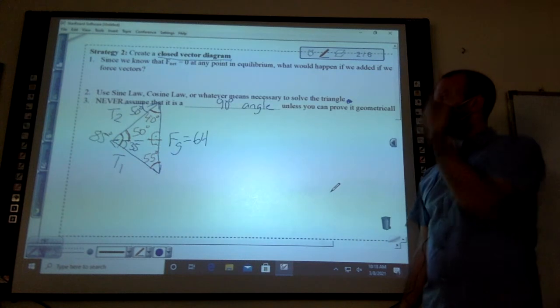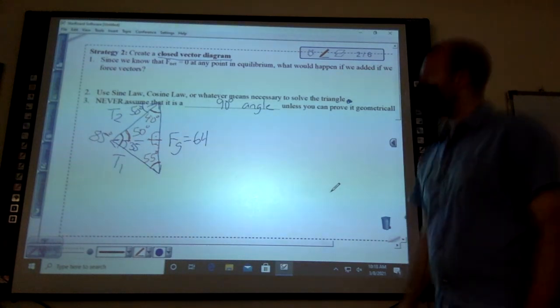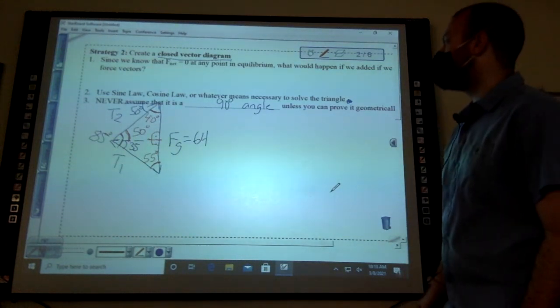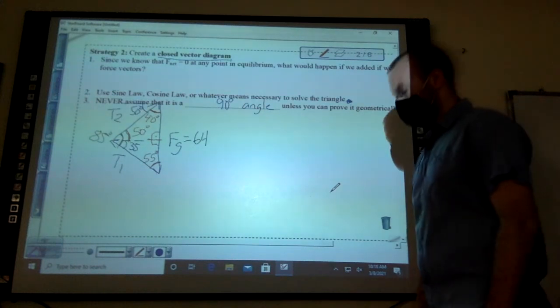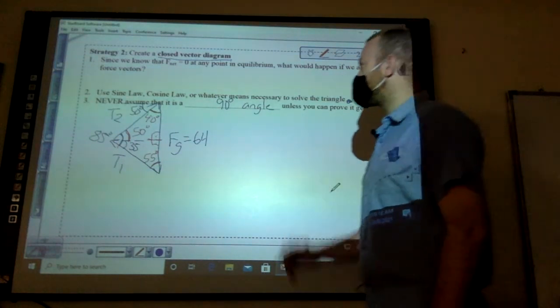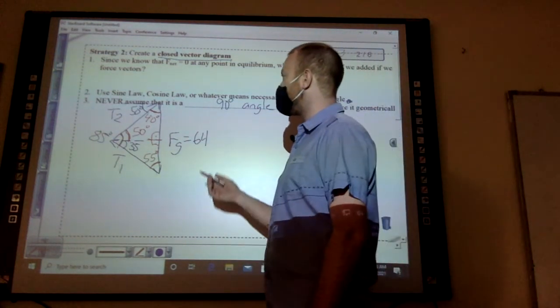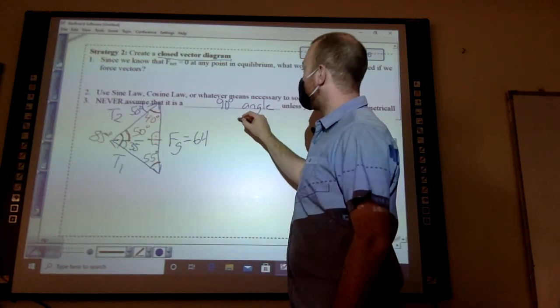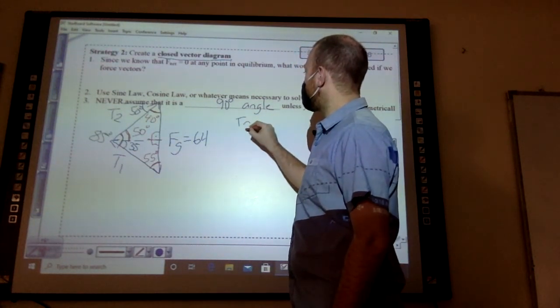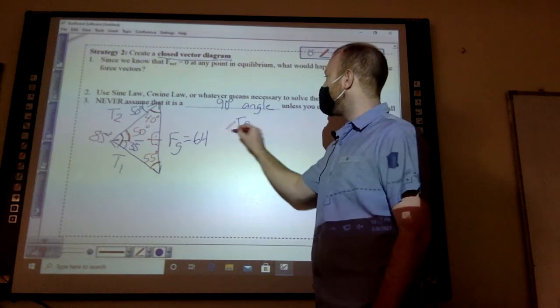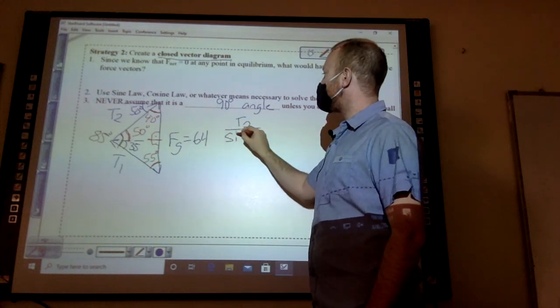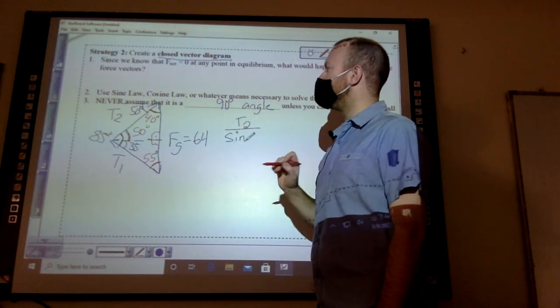Yeah, so either use sine or cosine law, it really doesn't matter. I think it's much easier to use sine law in this case, but there's some cosine law fanatics out there who want to do that, so be it. So let's go T2. So T2 over sine of the opposite angle.